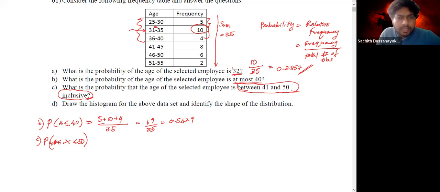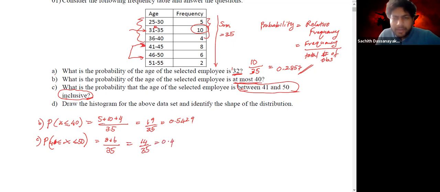They ask 41 to 50, which means these two groups. So 8 plus 6 divided by 35. These are the frequencies for 41 to 50, and it is 14. 14 divided by 35 is going to be 0.4.